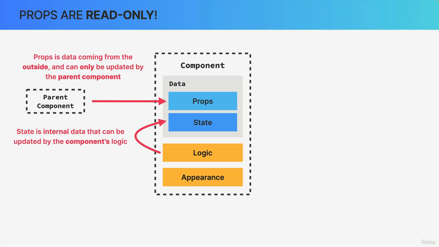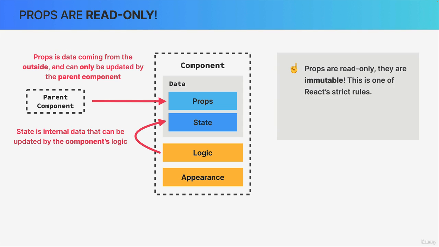Instead, props can only be updated by the parent component itself. And this brings us to one of the few strict rules that React gives us, which is that props are immutable. So they cannot be changed, they are read-only. And if at any point you feel like you need to mutate props, actually what you need is state, because state is for data that changes over time, as we will learn soon.